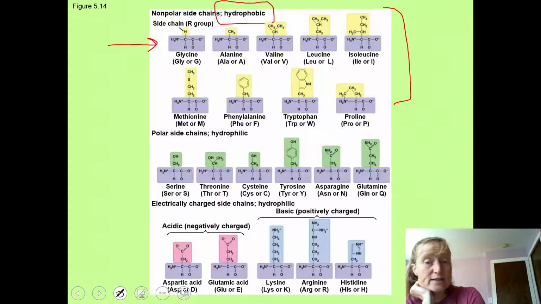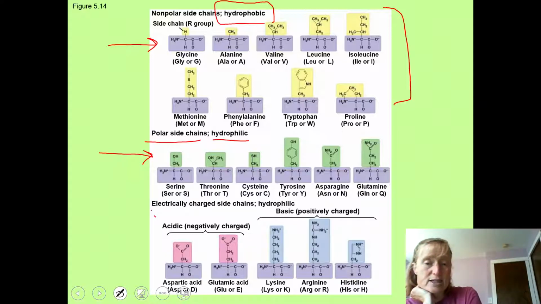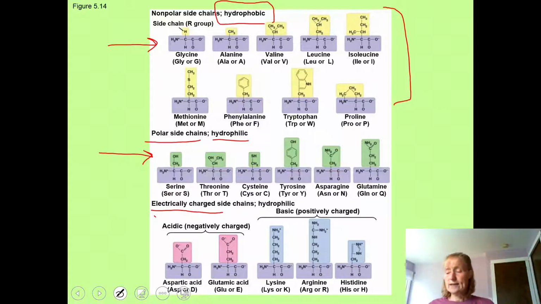Sometimes the side chain can be polar, and that makes them hydrophilic. So you'll see side chains with hydroxyl groups or sulfhydryl groups or amino groups. Sometimes the side chains can even become electrically charged, and then they're definitely hydrophilic. So these different amino acids vary in their side chains.